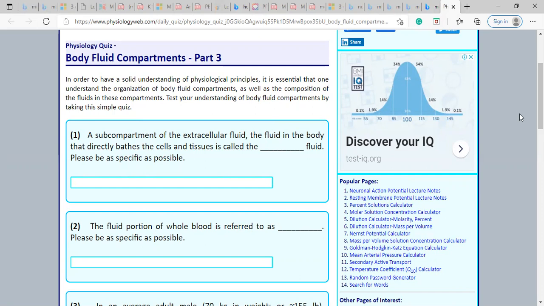Is it the interstitial fluid? Interstitial fluid. Because we said extracellular fluid is divided into two, yes? Interstitial fluid and the plasma. The interstitial fluid is outside, around the cells. Good.